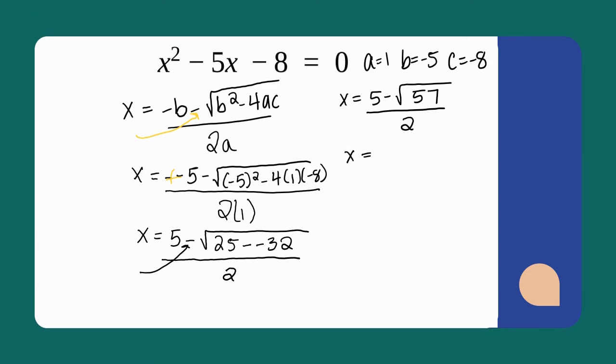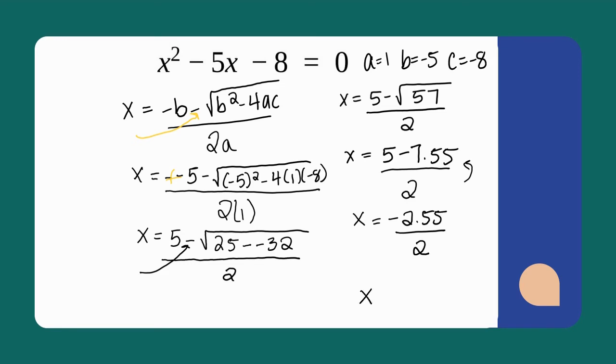x equals 5 minus 7.55 all over 2. So we notice now instead of having positive 12 in our numerator, we're going to end up with a negative number. So we have 5 minus 7.55, which is negative 2.55 divided by 2, which is x equals negative 1.275.